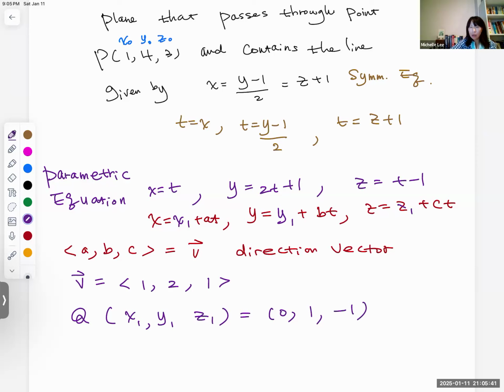Okay. Now, we have a vector, and then we have 2 points. So we can find another vector to find the cross product of 2 vectors, which is the normal vector. So let's do it.